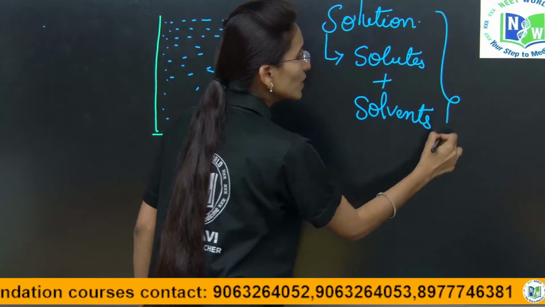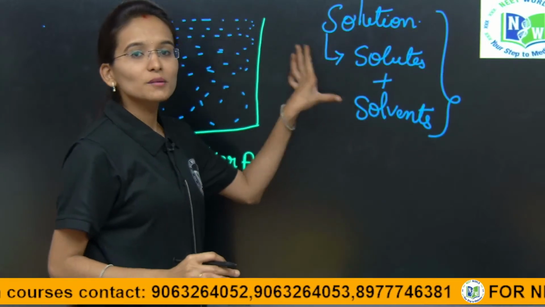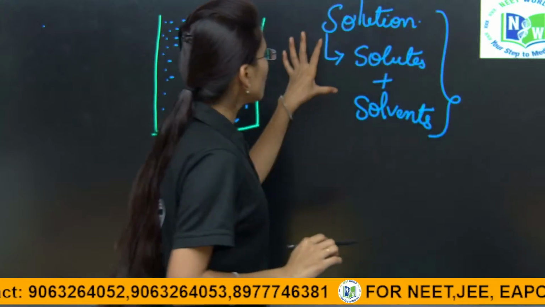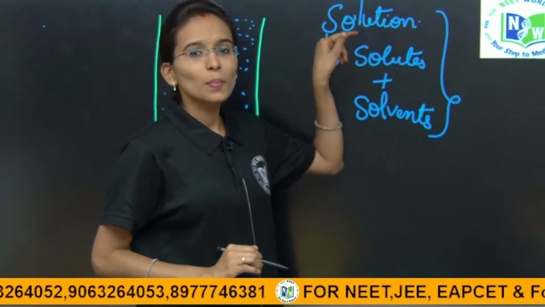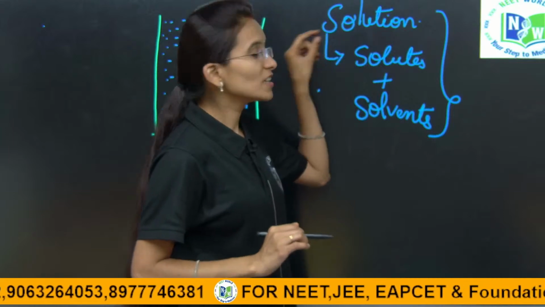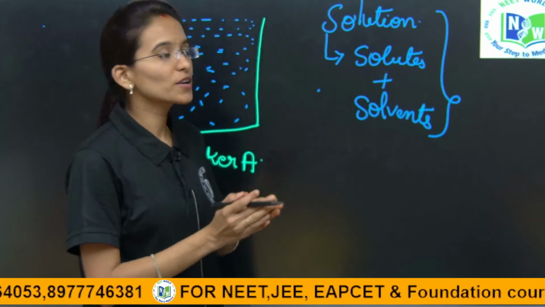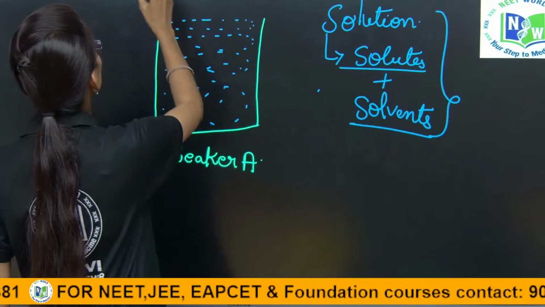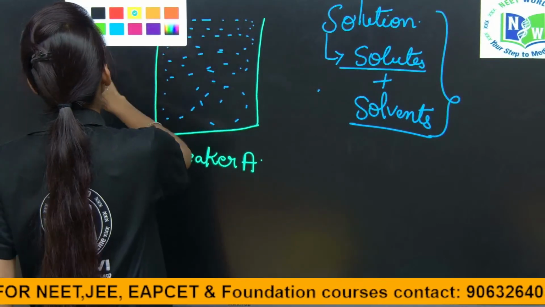Clear? When you understand these three terms, it becomes easy to understand the process of osmosis. So first look here, solution. What is a solution? A solution is made up of two components, those are solutes and solvents.